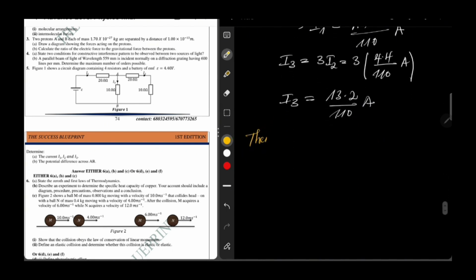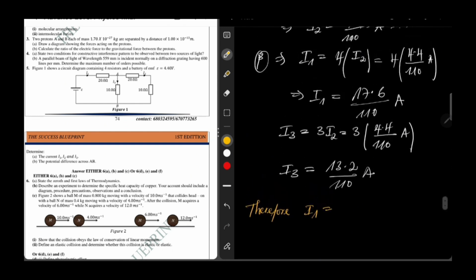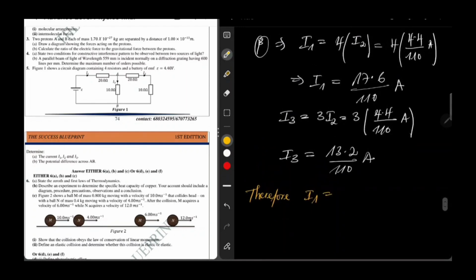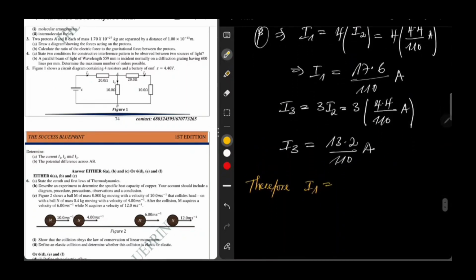Therefore, in decimal values, I1 equals 17.6 divided by 110, which gives us 0.16 amperes.